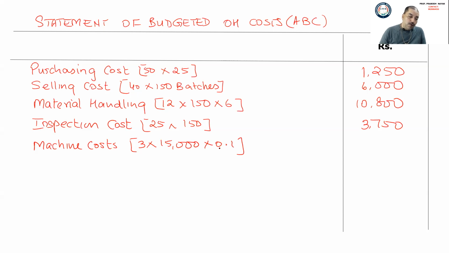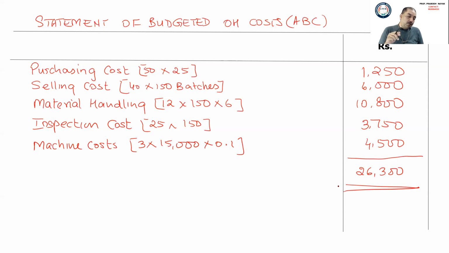So 3 into 0.1 into 15,000 is 4,500. Take the total. 26,300.